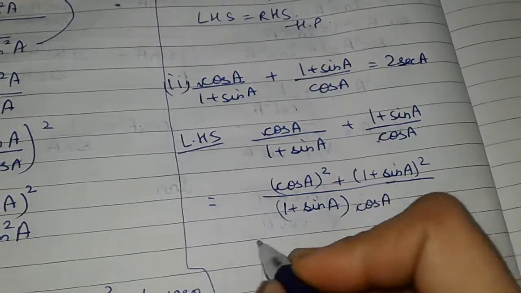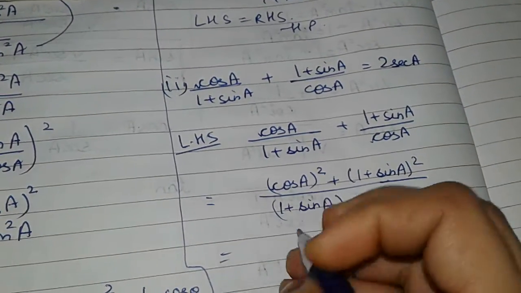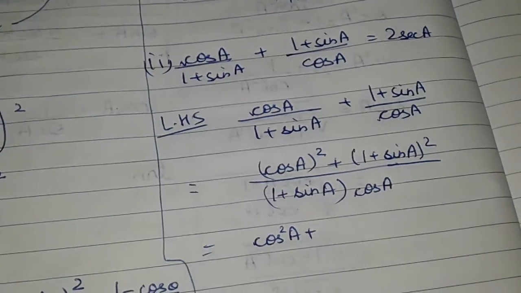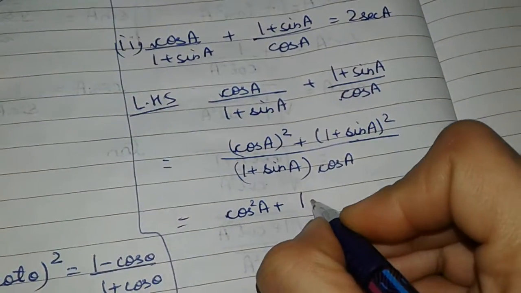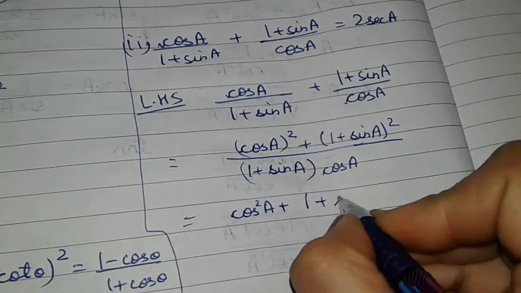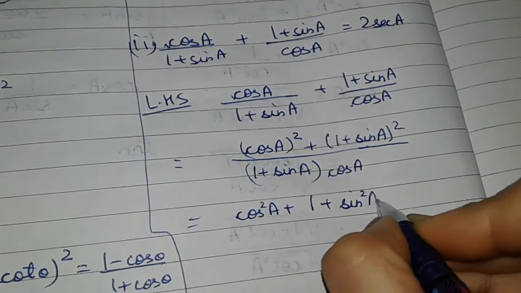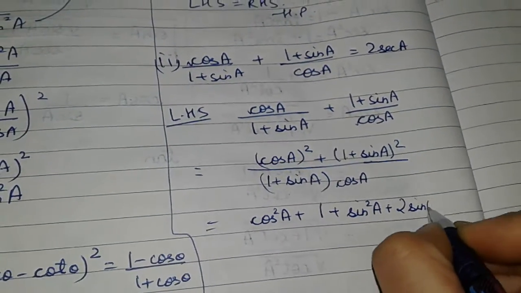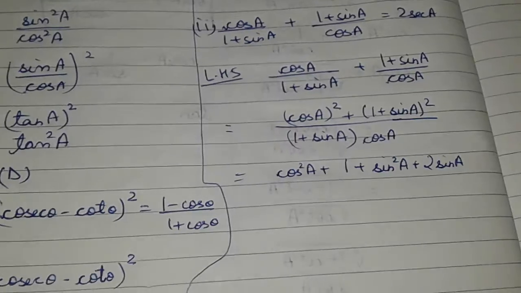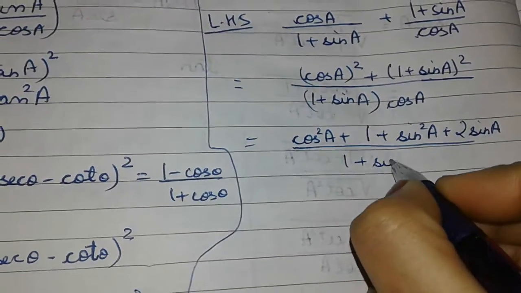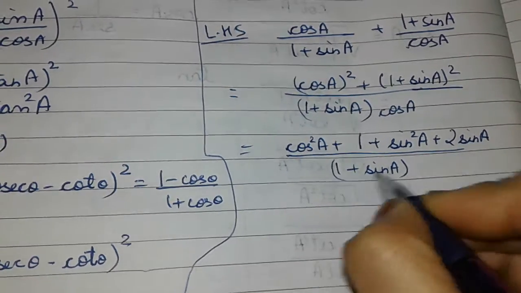Now open the identity A plus B whole square, it will become A square plus B square plus 2AB, that is 2 sin A, upon 1 plus sin A multiplied by cos A.